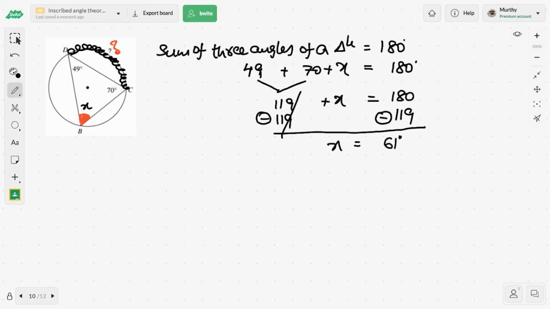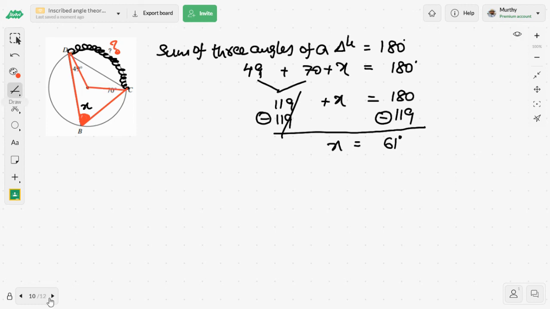But that's not the end of the story, because we are looking for the central angle. So what is the relation? Here is the inscribed angle I got, and we are looking for the central angle.